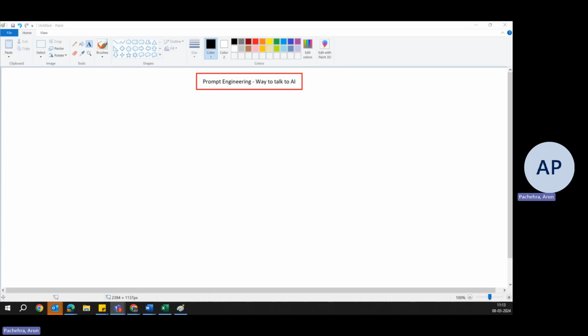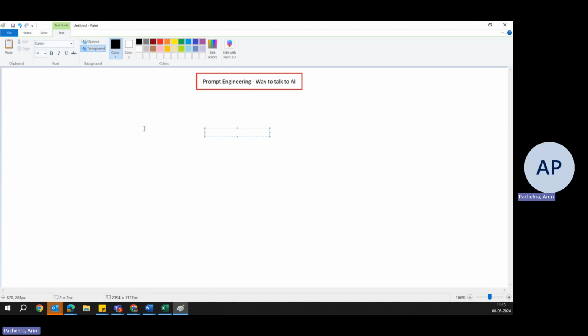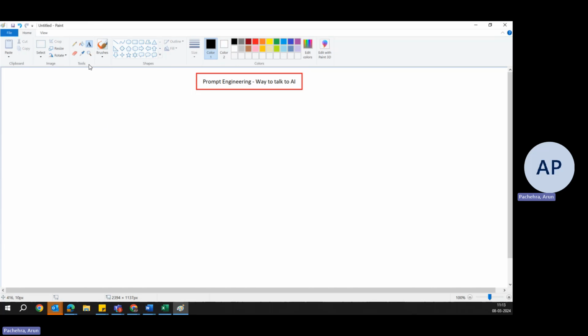Prompt engineering is a field that focuses on designing and refining inputs. Input means prompts, to get the desired outputs from AI models, in particular LLMs like ChatGPT, large language models.